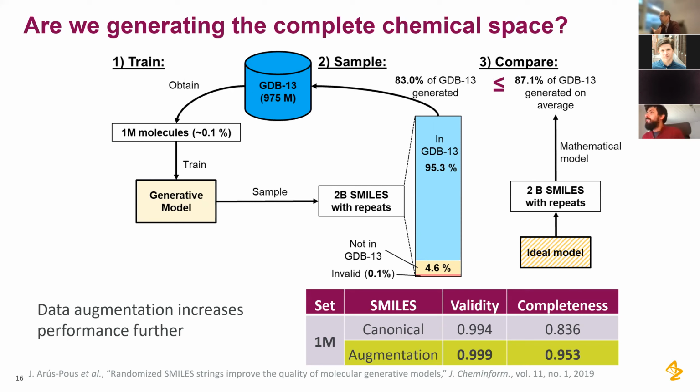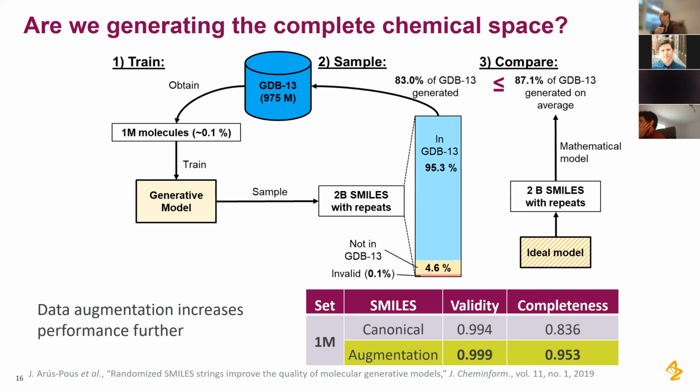And we train our generative models, and then we can sample that and check how much we would have recreated if we sampled infinitely from it. It's sampling with replacement, so we simply need to compare it to the ideal model that has an equiprobable chance of sampling any molecule in the database.